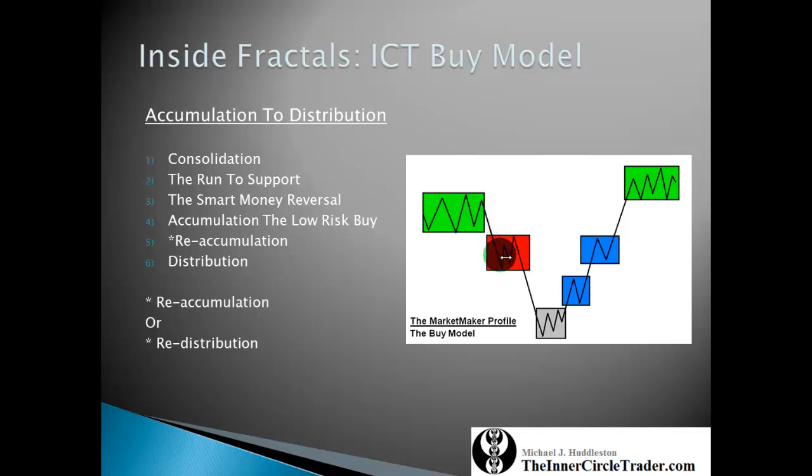The second stage is what is referred to as the run to support. What I'm doing is conceptualizing the overall framework of what builds the idea of an ICT buy model. Price moves down into a support level that will cause some measure of buying and then the subsequent price move higher. The third stage in the overall model is the smart money reversal.